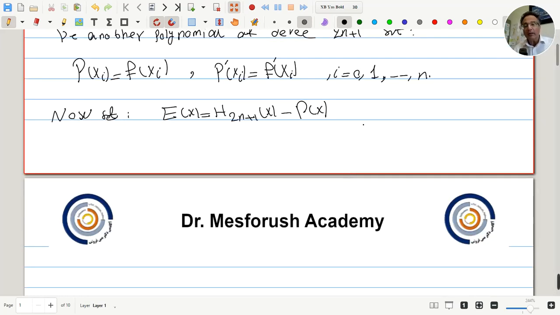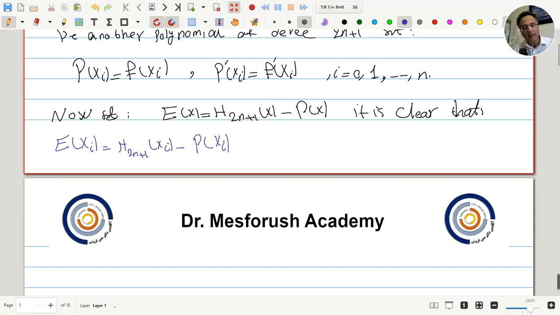Okay, it's clear that e at every nodal point, e(x_i), in fact, is H_{2n+1}(x_i) minus p(x_i), and we supposed that p(x_i) is equal to f(x_i), and also we know that H_{2n+1}(x_i) is equal to f(x_i). So this difference is equal to 0.